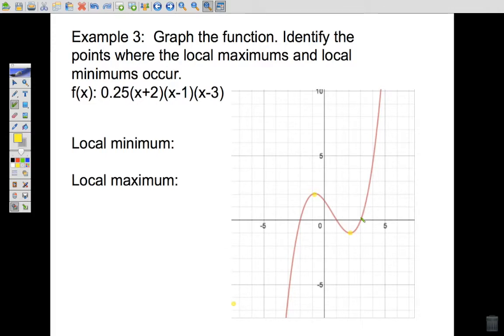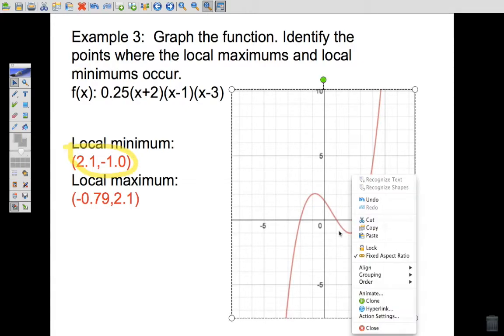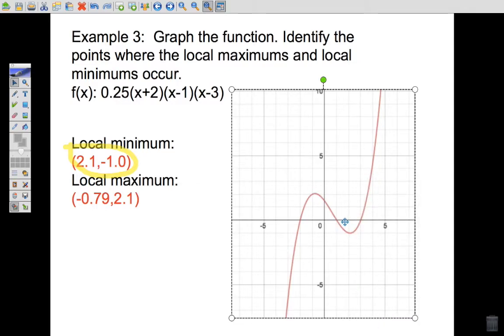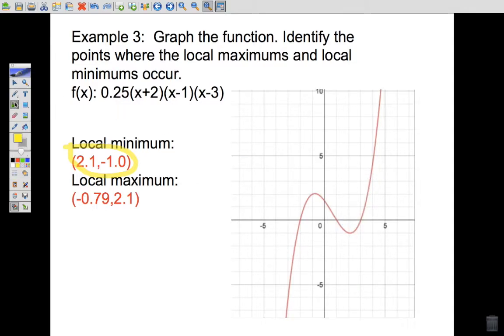It's saying, are you ready for me to guess what this local minimum point is? Hit enter, and that will show you that the calculator has identified for you the ordered pair of that local minimum point. You can repeat this process for the local maximum, but you have just identified what that ordered pair is for the local minimum.